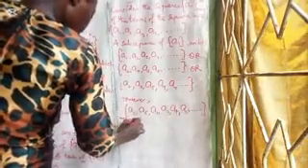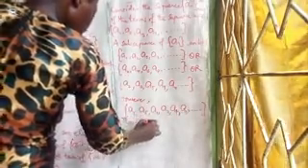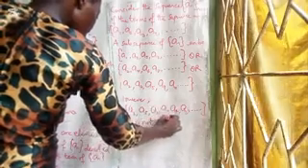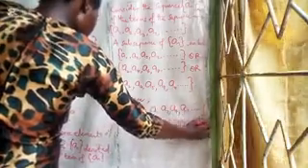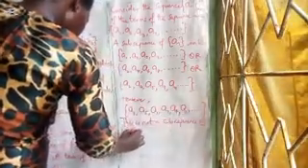This is not a subsequence of a sub n. Why?